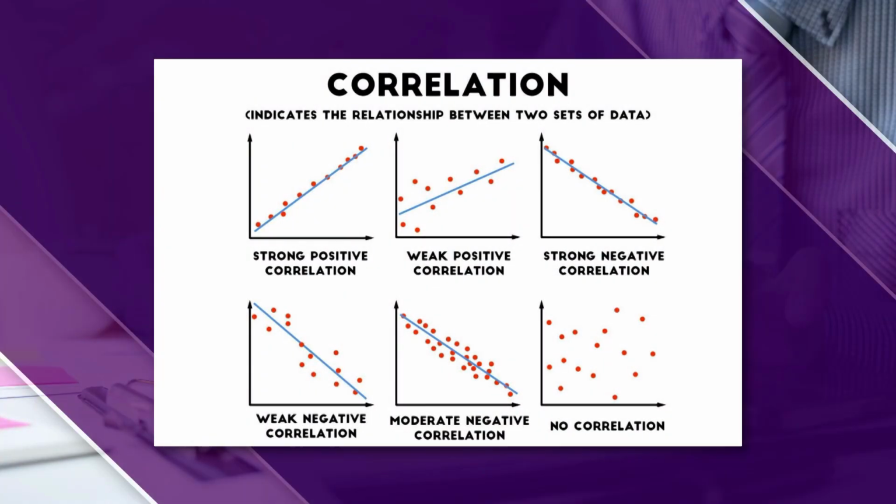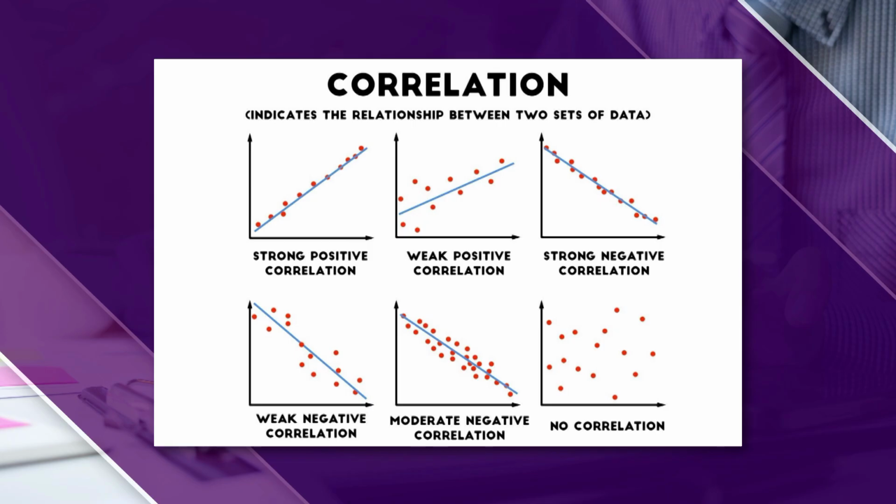If you see how it is interpreted in a diagrammatical manner, this is how a strong positive correlation looks. If we talk about a weak positive correlation, it could look like this. Then a strong negative correlation: one moves from left to right, while the negative correlation moves from right to left.